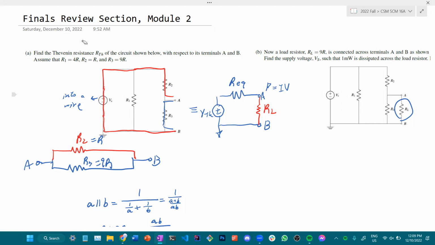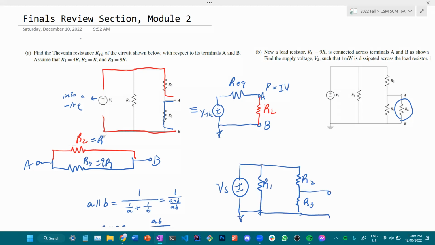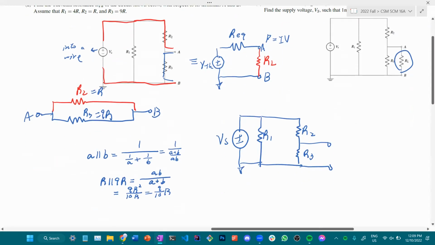Essentially, we see that in the original circuit, Vs is parallel to R1 itself, as well as being parallel to the R2 and R3 connected in series. Now, here's an important thing about parallel resistors, is that the voltage across R1 is equal to the voltage across R2 and R3 together. And you can tell this by using nodal analysis as well.